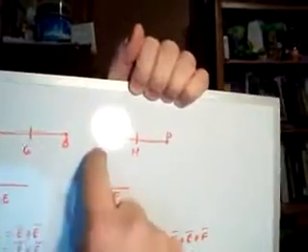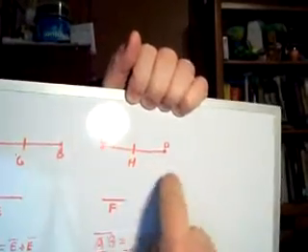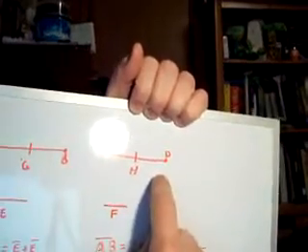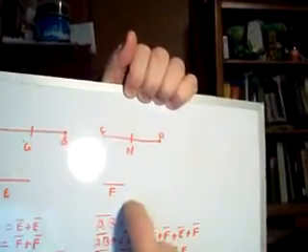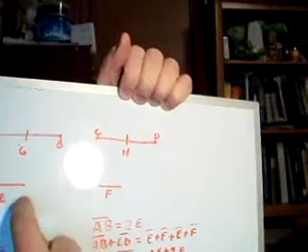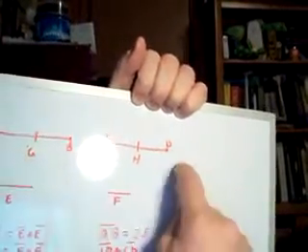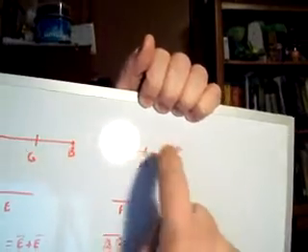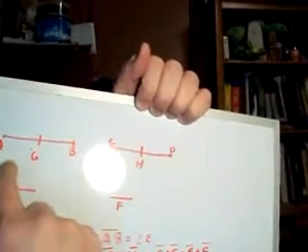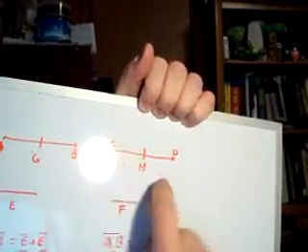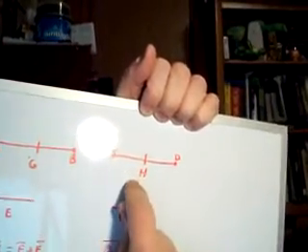Now, if you add these 2 lines together, this is a 4-inch line, this is a 2-inch line, there's going to be a 6-inch line. If you add these 2 together, there's going to be a 3-inch line. So, there'll be 2 3-inch lines in a 6-inch line. Because there are two 2-inch lines in this line here and two 1-inch lines in this line here.